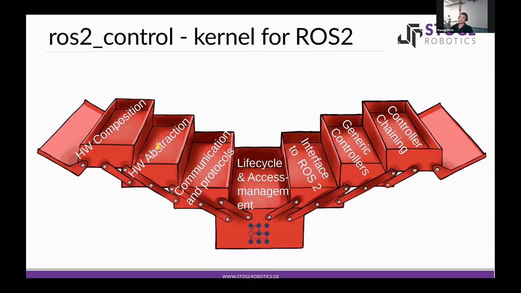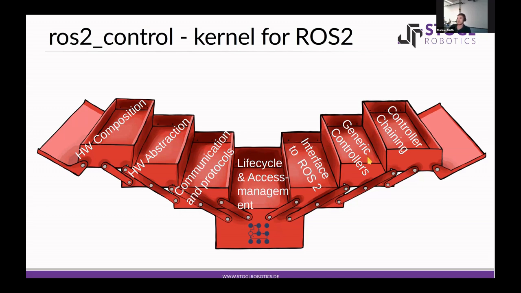Like I already mentioned, we have abstraction from the hardware. There are also some communication protocols, and how to communicate with controllers or hardware. And the most important thing probably is lifecycle and access management for controllers and hardware components as well. Also, it provides interfaces towards ROS2 so that you can control or interact with the controllers or the hardware from the ROS2 world.